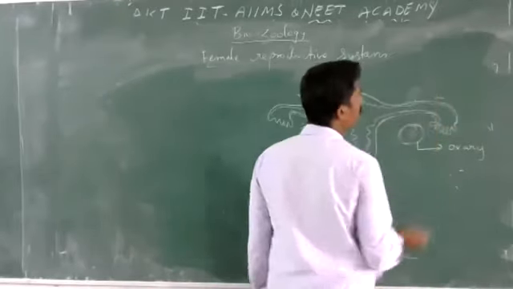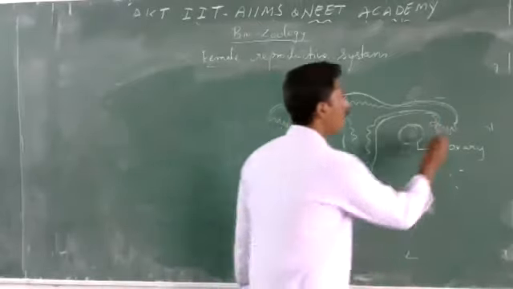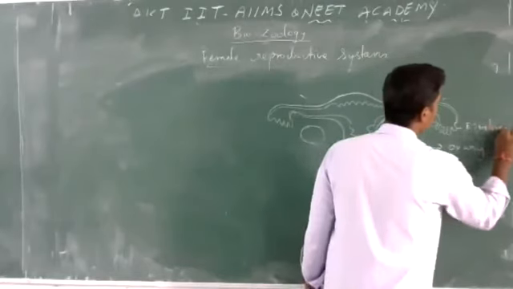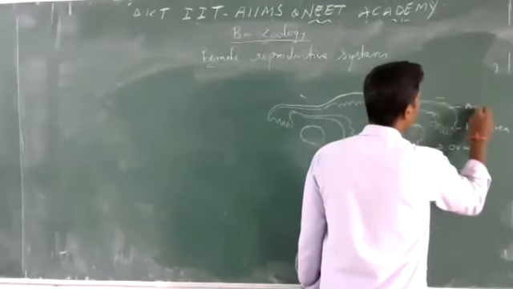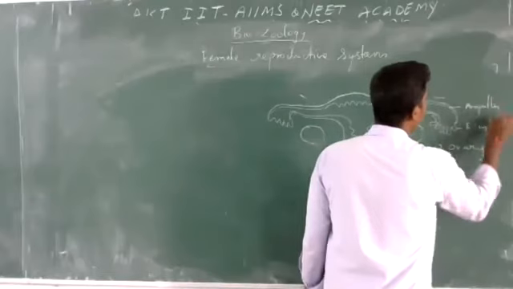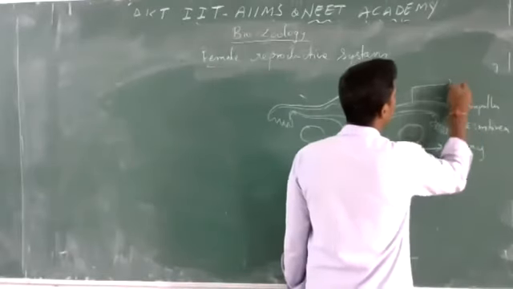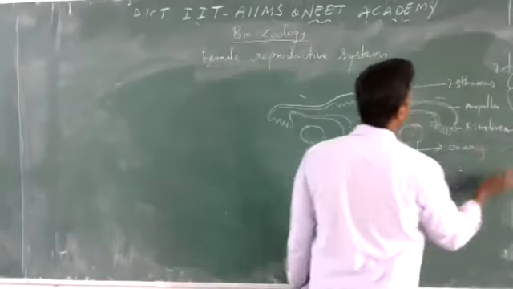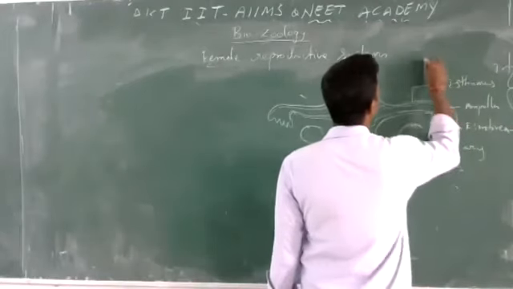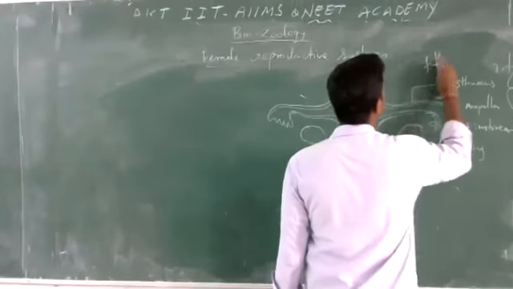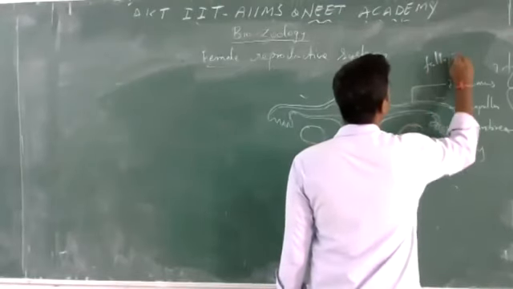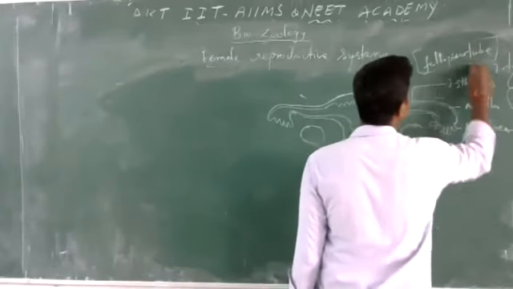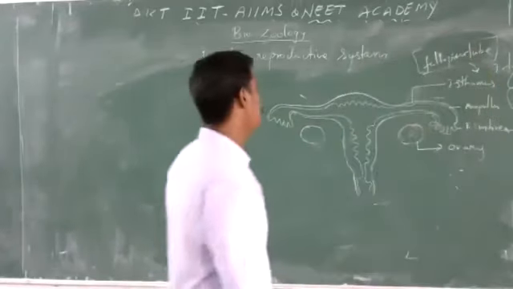The fallopian tube is divided into three parts: fimbriae, ampulla, then isthmus. Collectively, they are called the fallopian tube.